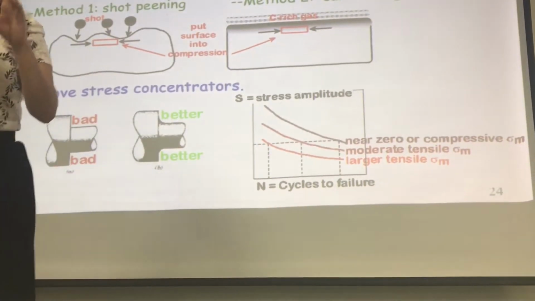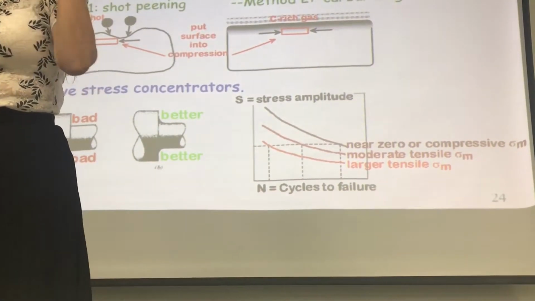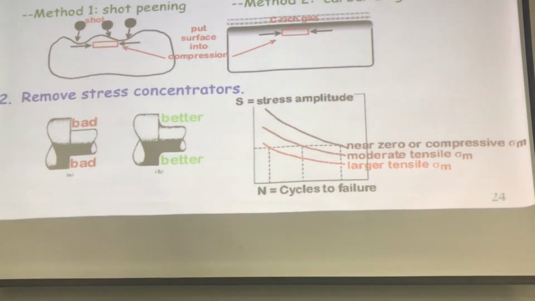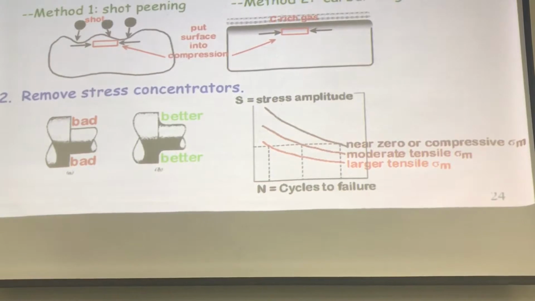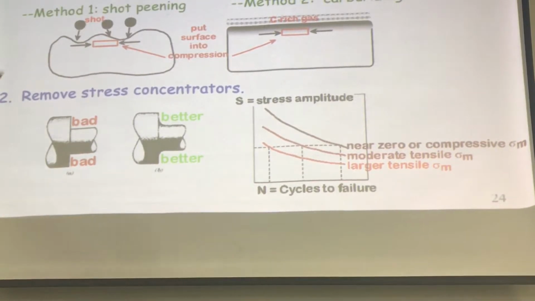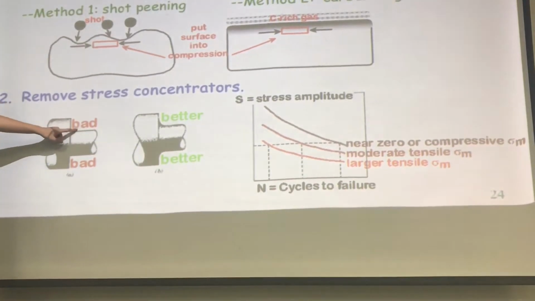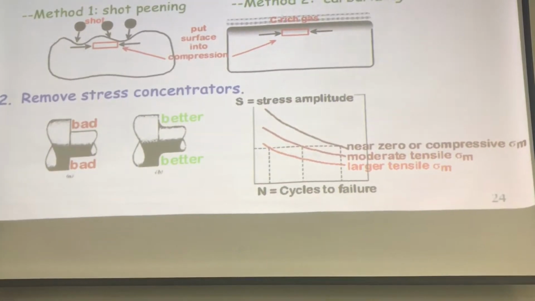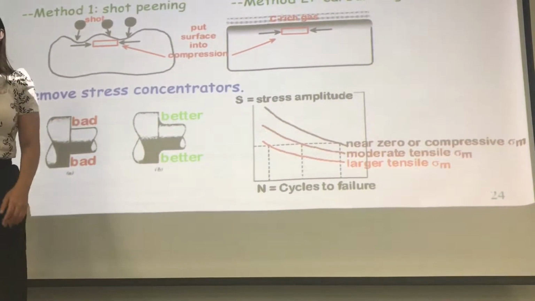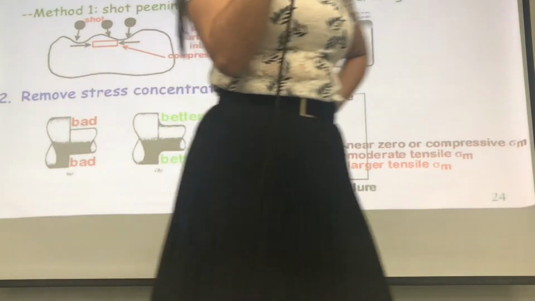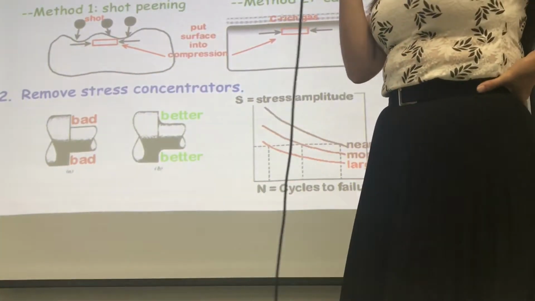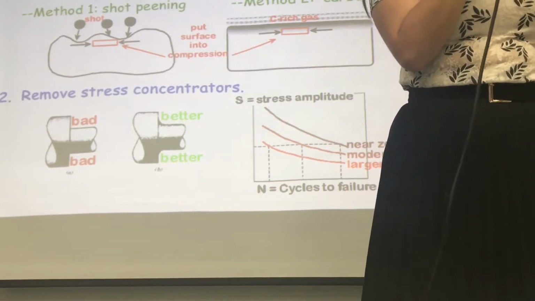This is pretty much common sense. The sharp one means a crack will tend to occur more easily.